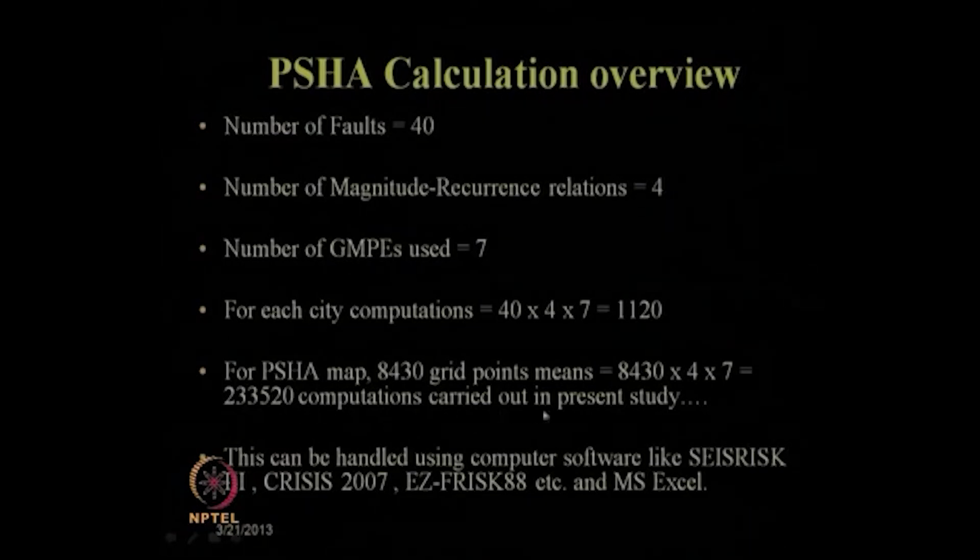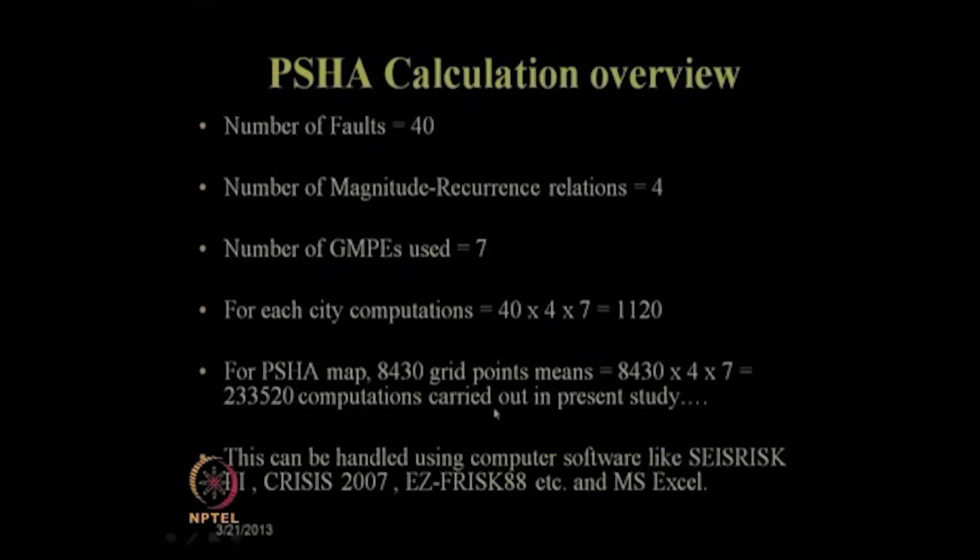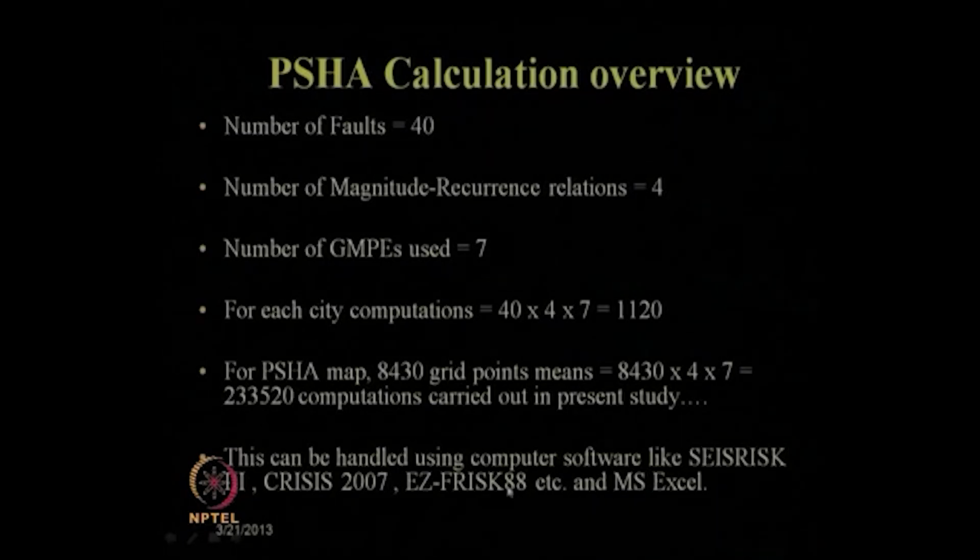So, these many computations need to be carried out in the present study, which of course requires the use of computer software, and there are several computer software available which can perform this probabilistic seismic hazard analysis, like SysRisk 3, Crisis 2007, EZ Frisk 88, etc. And using MS Excel, of course, after getting all these grid point values, you have to assign them and prepare a 2-dimensional chart, so that you can find out the final probabilistic seismic hazard value, right, that we have seen already how to arrive at.